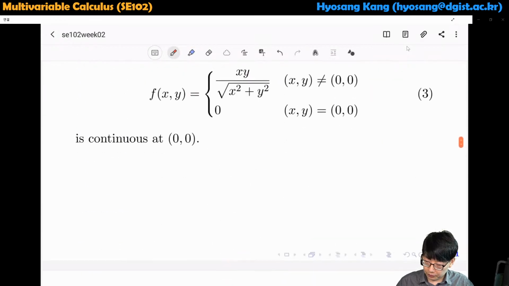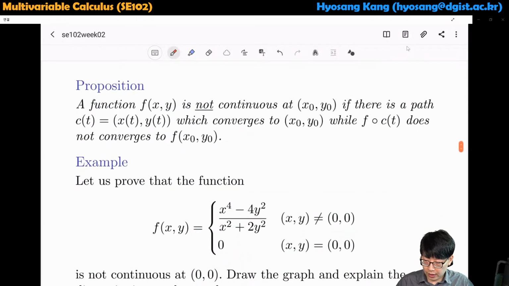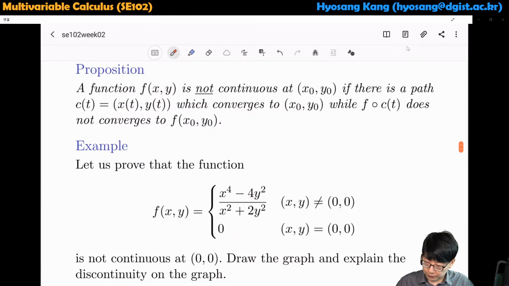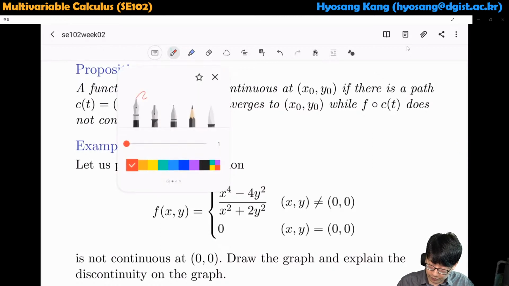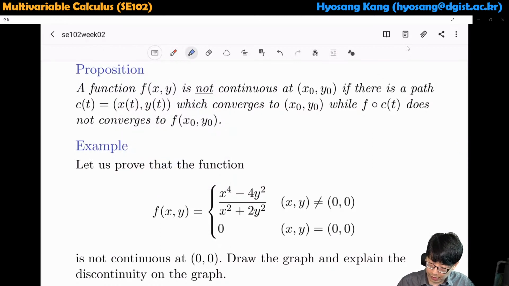So I'm going to show the non-example first. The proposition is that this function is not continuous if there is a path c which converges to (x0, y0), but the one variable function f composite c does not converge to f(x0, y0).